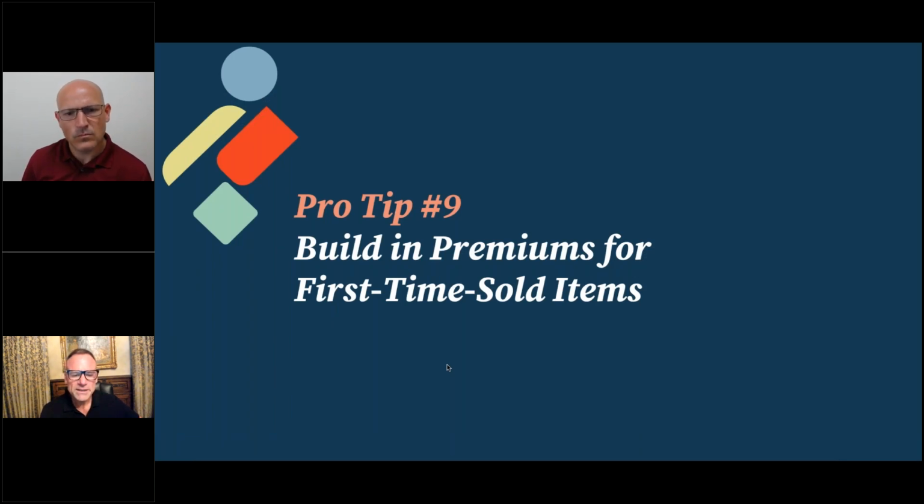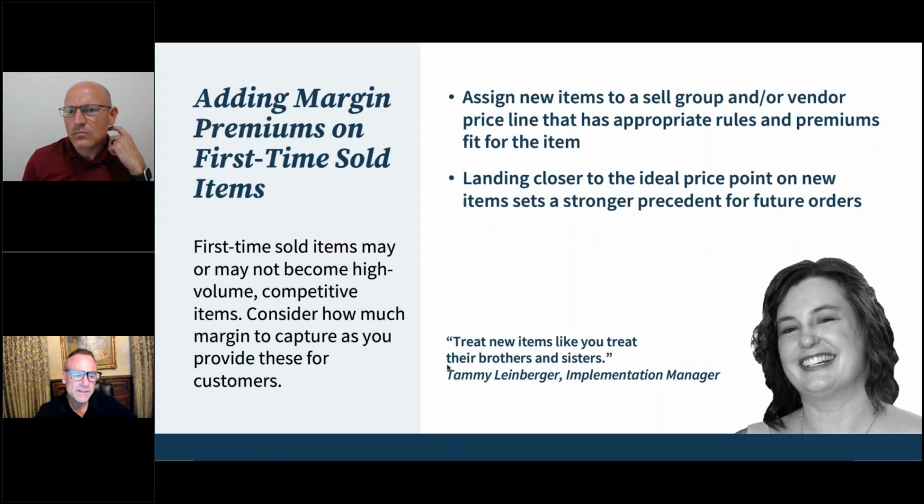Tip number 9 is building in premiums for first-time sold items. And this is where pricing matrices often are missing their impact. So when you have product families that haven't been sold before to a particular customer group, those could be 10, 20, even 30% of revenue, depending on the business that you're in, the line of trade.